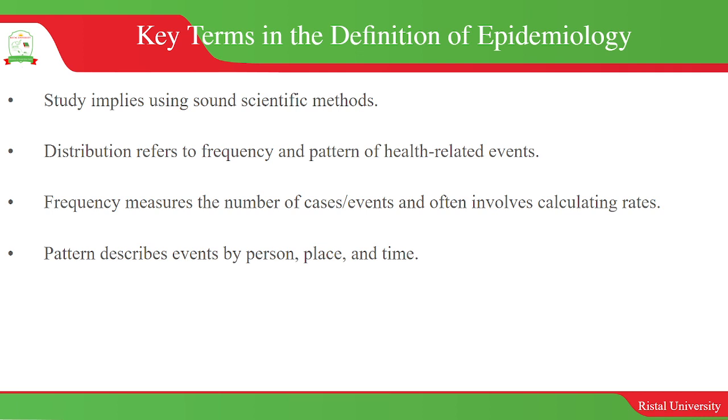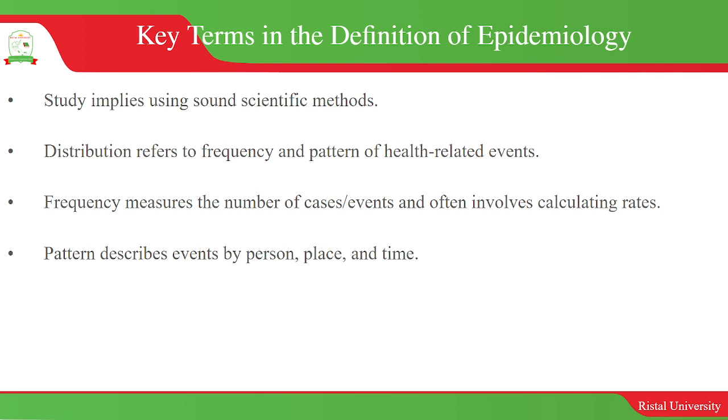So when you talk about health related events, we are referring to diseases or risk factors for given diseases, or basically exposures to certain risk factors. So we want to look at how many people in a given population are having or are developing a given health outcome or are exposed to a given risk factor.